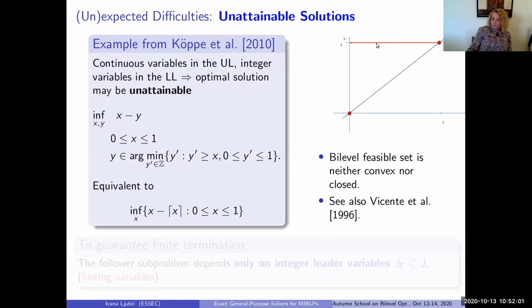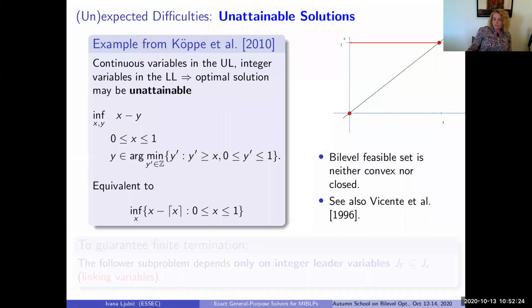So this inducible region is an open set, unfortunately, which means that when I minimize x minus y, in the infimum, we will get 0 minus 1. So infimum will be minus 1, but unfortunately, this solution will never be attained. Okay?